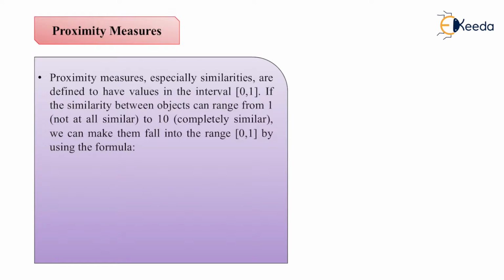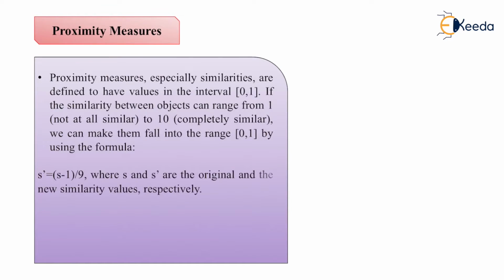If the similarities between objects range from 1 to 10, then we can make them fall into the range 0 to 1 by using the formula s' = (s - 1) / 9, where s and s' are the original and the new similarity values respectively. So s means the original value, and s' is the new similarity value which we are going to get.